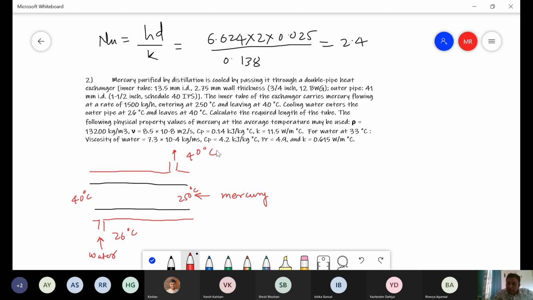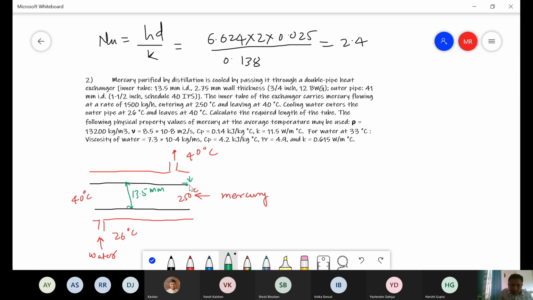I will again go through the statement. Mercury purified by distillation is cooled by passing it through a double pipe heat exchanger. The inner tube internal diameter is 13.5 mm. I will show this with a different color. So this is 13.5 mm.